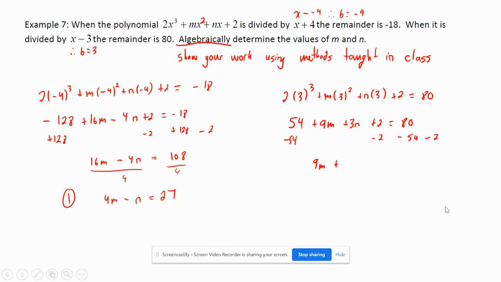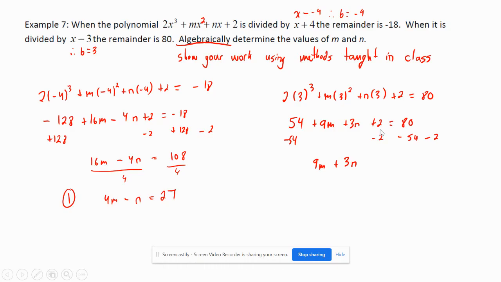Every time I click something wrong, I lose the page. So 80 minus 54 minus 2 is 24. And the same thing, I'm just going to divide this by 3 as well. 3m plus n equals 8. Okay, this is equation 2.